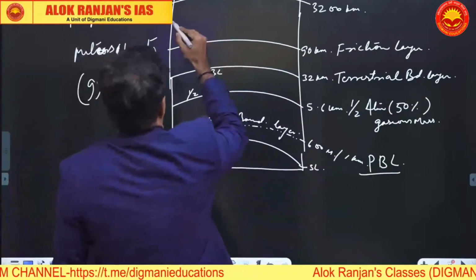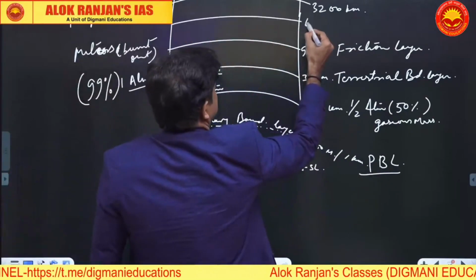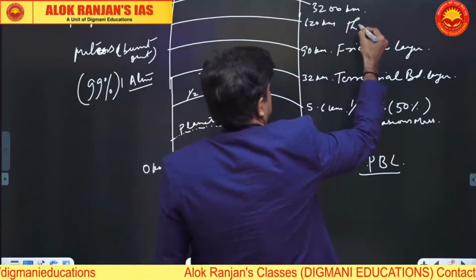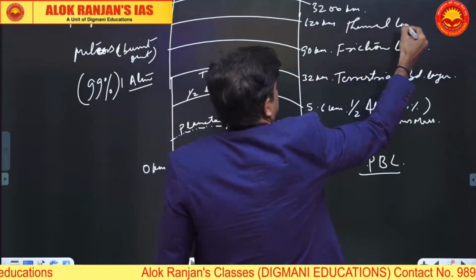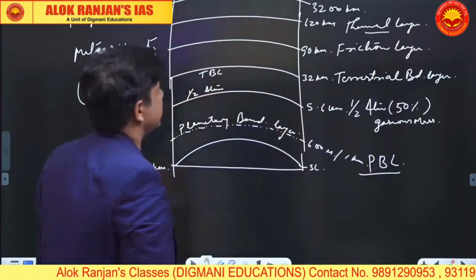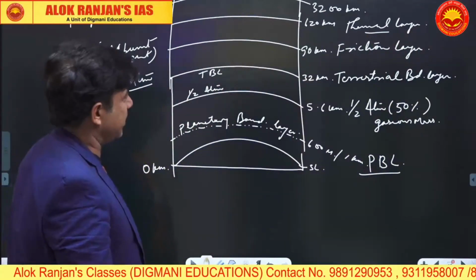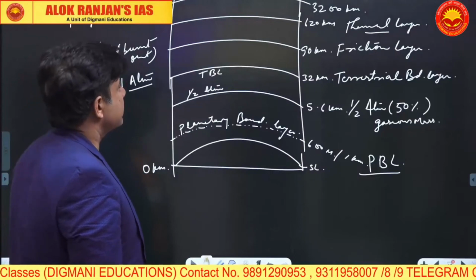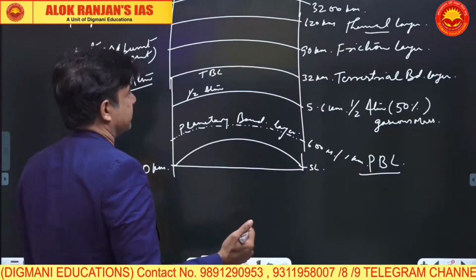There is one here at 620 kilometers, which is called the thermal layer, because gases are ionized.